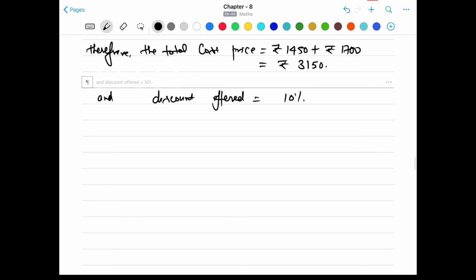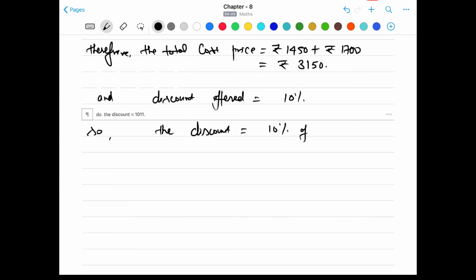The discount will be 10% of this cost price, which is 3150 rupees. So that is 10 divided by 100 into 3150 rupees. The 10 here we cancel with the 10, then another 0 will cancel this 0 here.